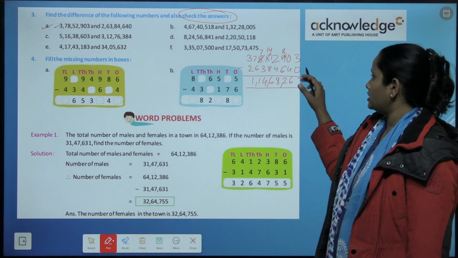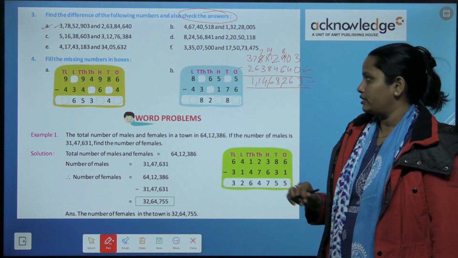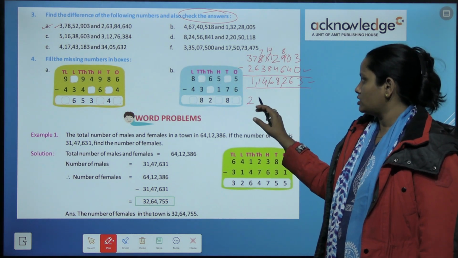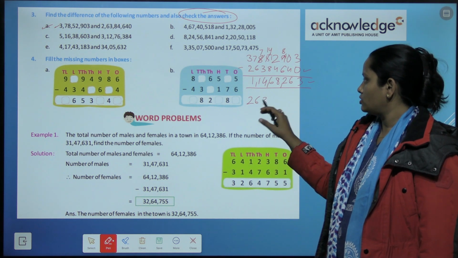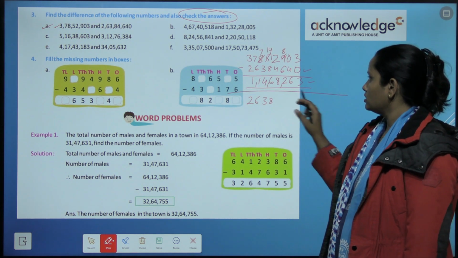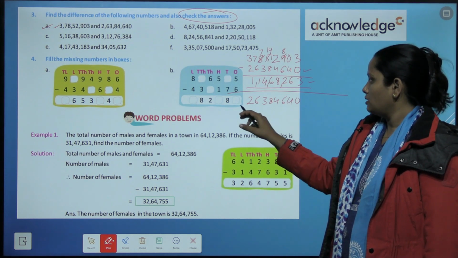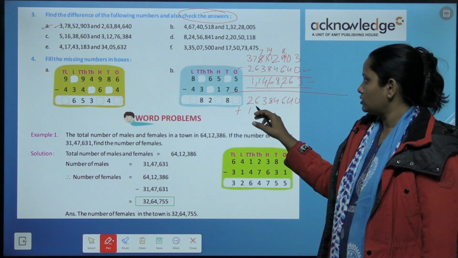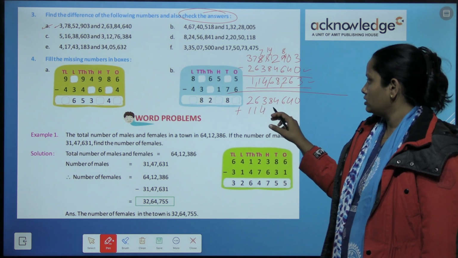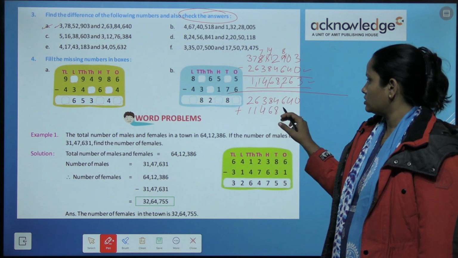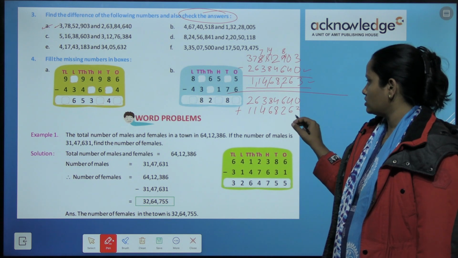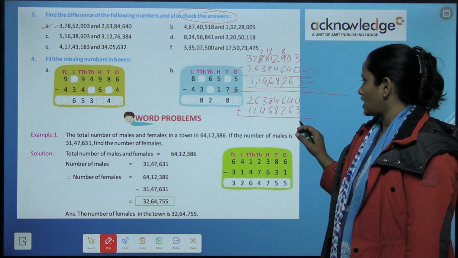कैसे चेक करना है? This and this is to be added. So let's add these numbers. 2638, 4640 plus 11468263. So जल्दी से ऐड करते हैं.